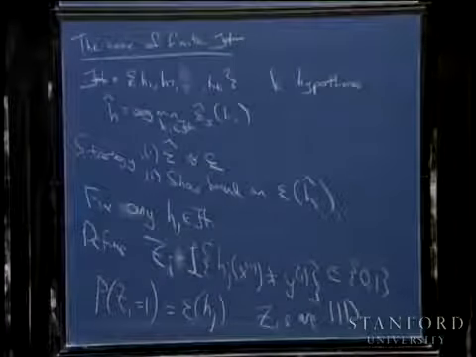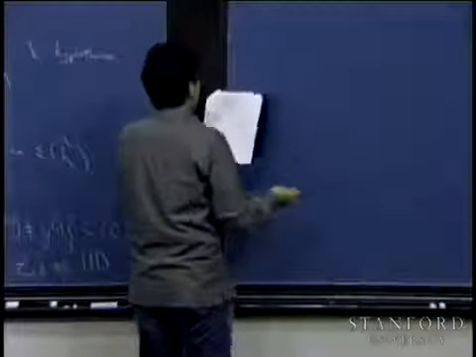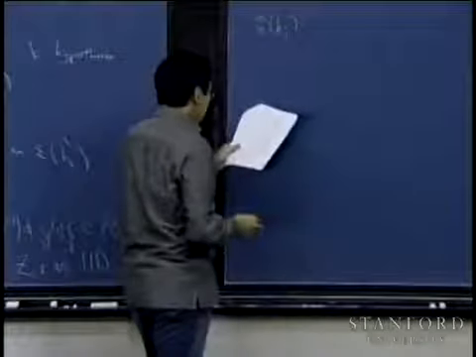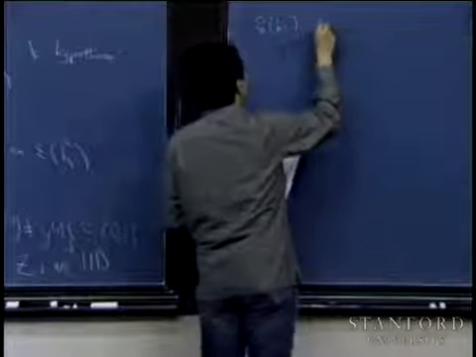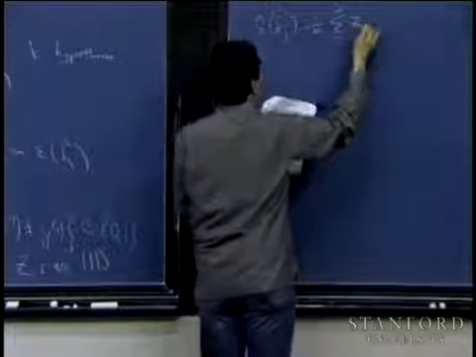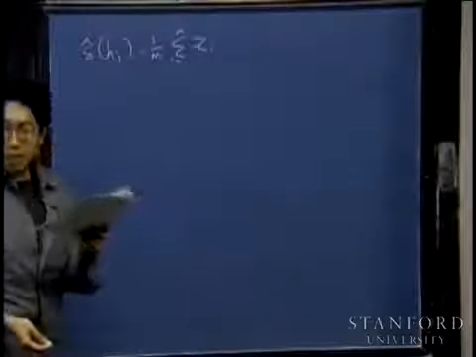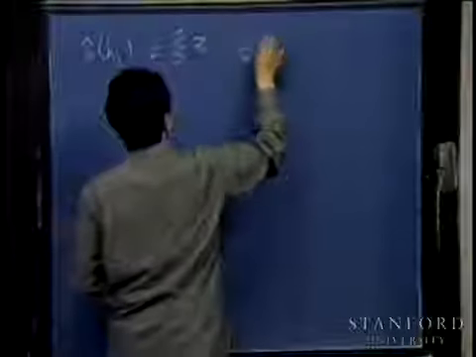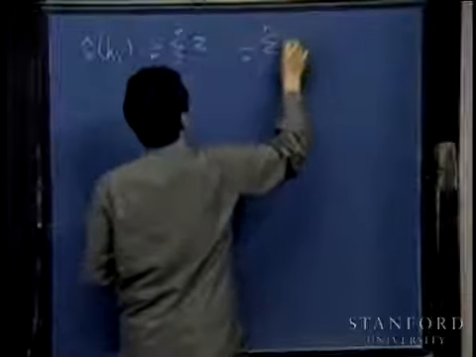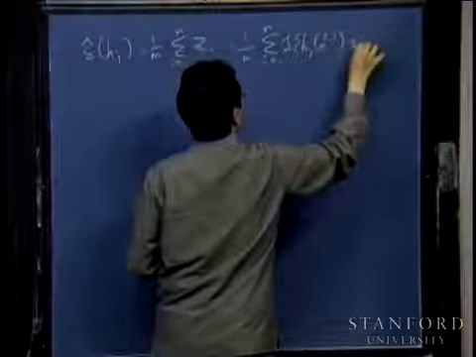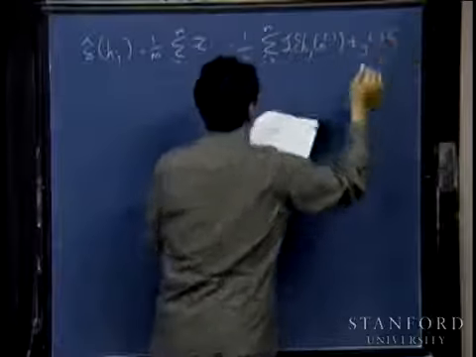So, if you revisit the definition of training error, the training error of my hypothesis hj, that's just the average of my zi's, which I previously defined like this.